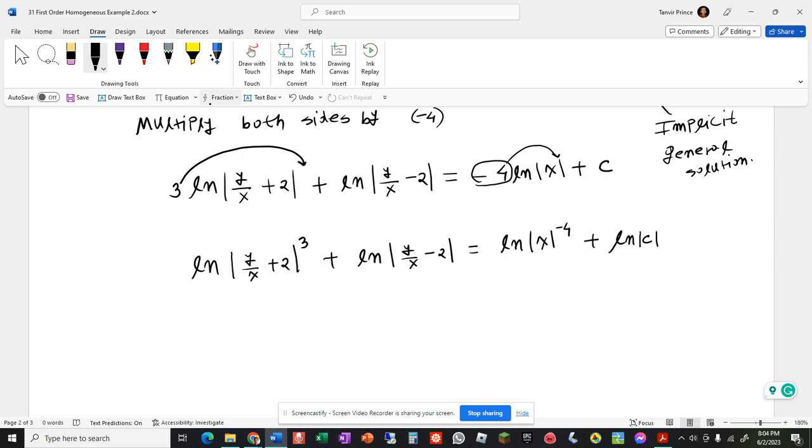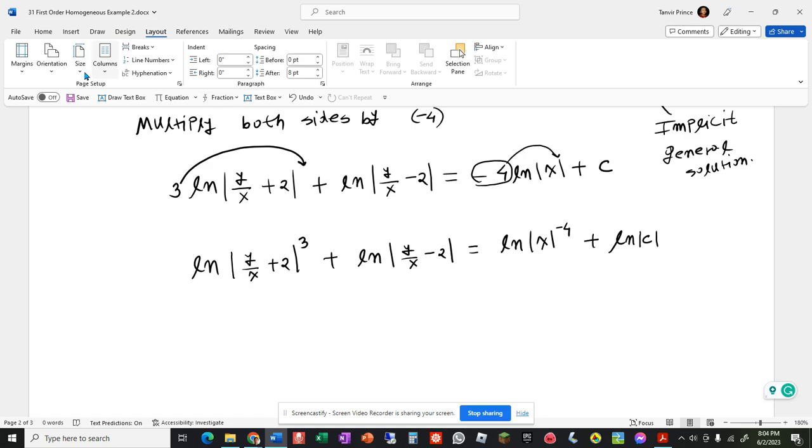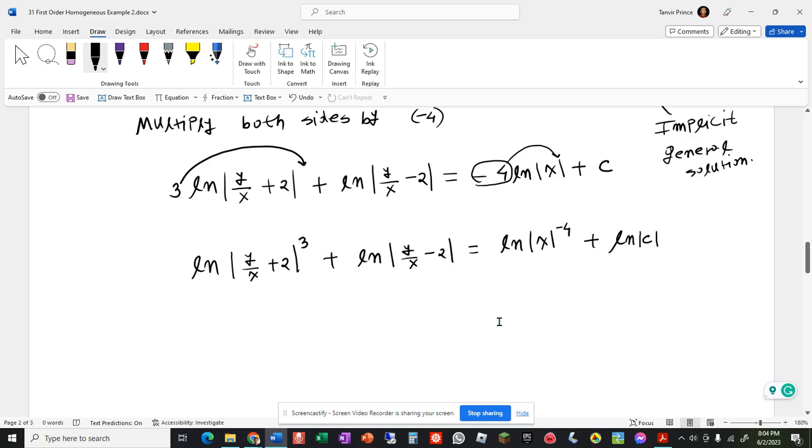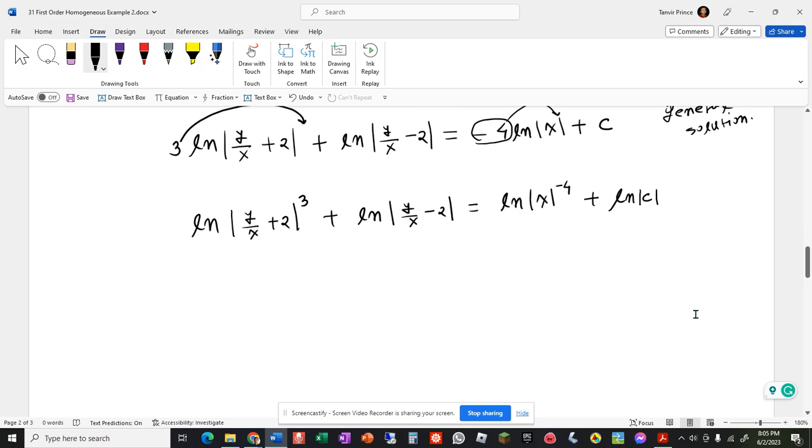Okay, so now if you remember, one of the properties of the ln, right? ln of ab is ln of a plus ln of b.